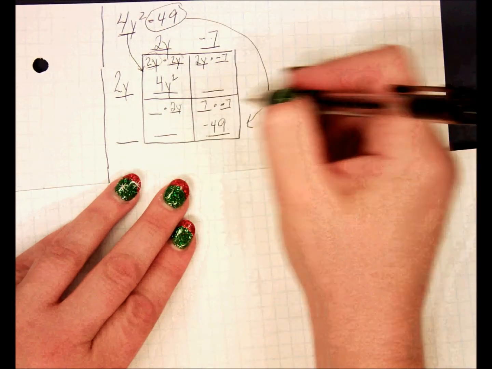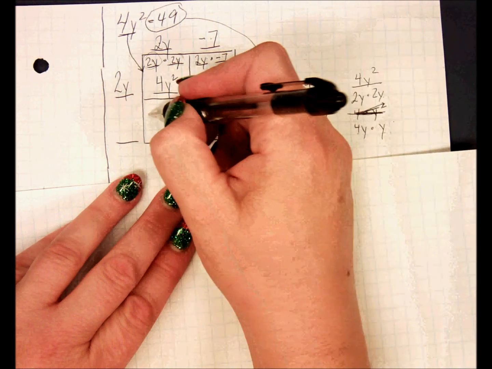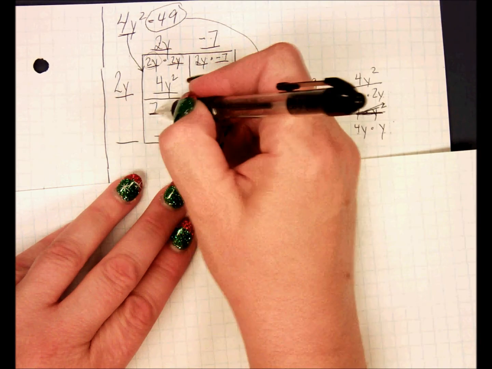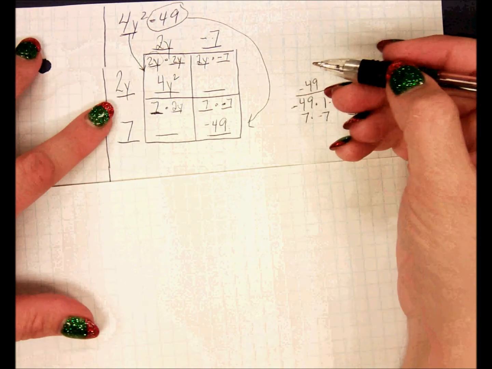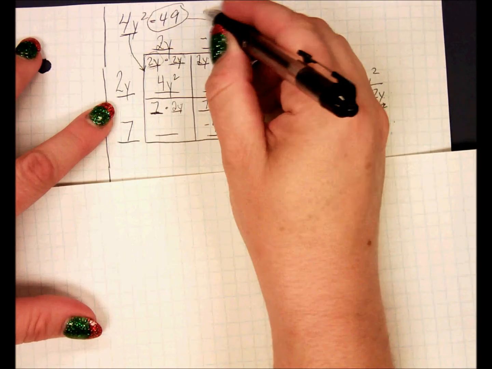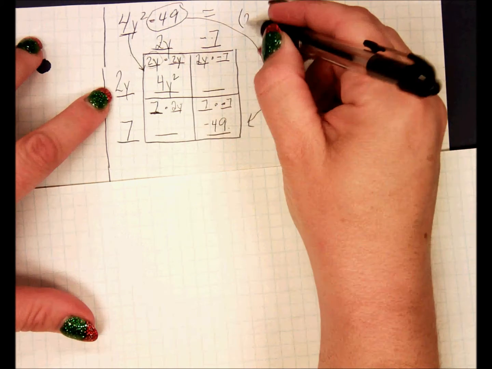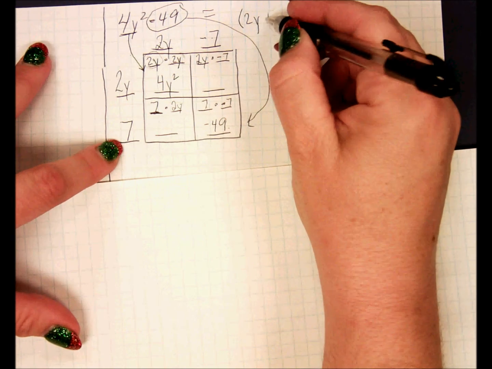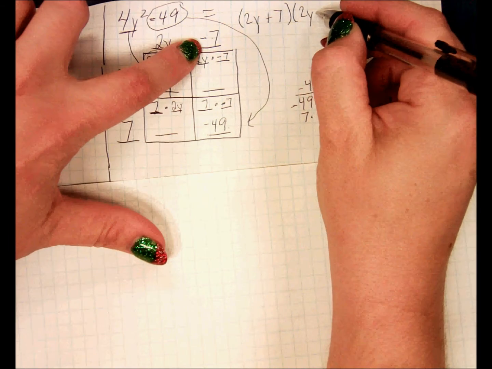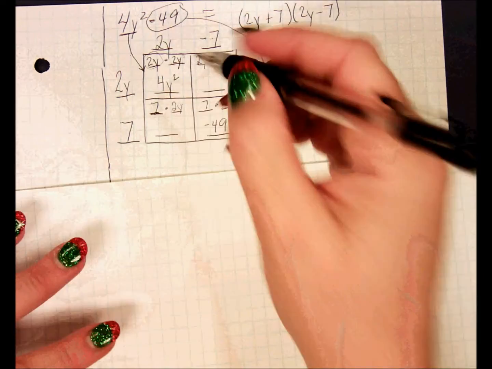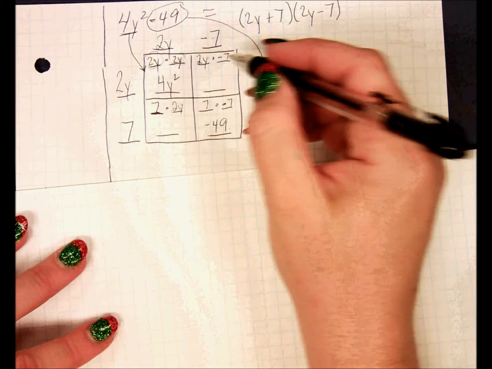Here, we have to have something in common, and it's this one right here. 7 and 7 should be the same. So now what I should see as my factor to this is 2y plus 7 on the top, 2y minus 7.